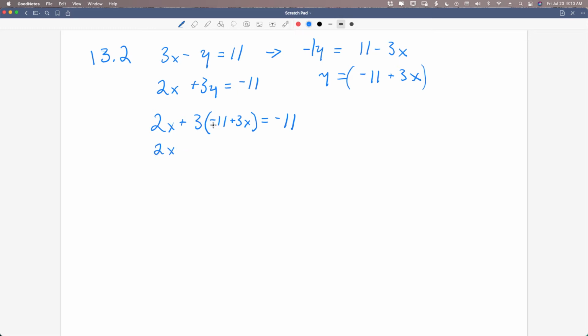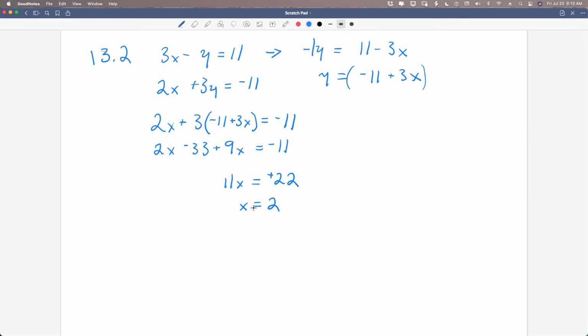And this is going to be a negative 33. And this is going to be 9x. Now we can combine. Because this will be a positive when it goes to this side. So x is equal to 2.